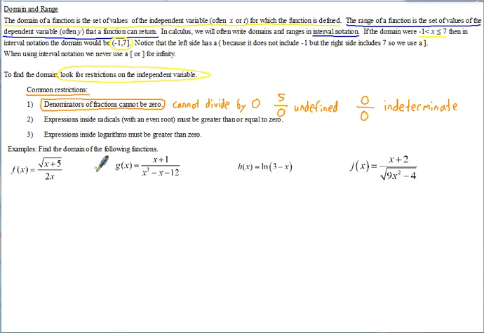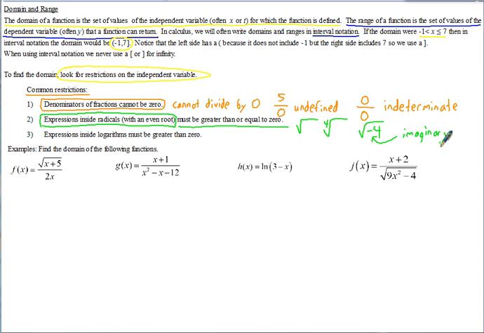Okay. Now let's look at expressions inside radicals with an even root, like square roots. Those must be greater than or equal to 0. Square roots or fourth roots, and so on. The reason is if they're not, like the square root of -4, then that causes you to get an imaginary answer, and we're just going to be dealing with real numbers in calculus, not imaginary numbers.